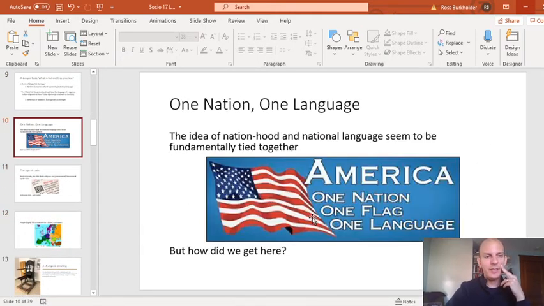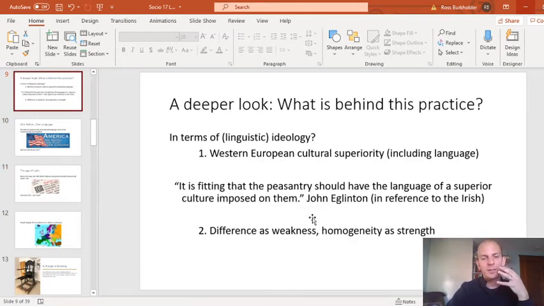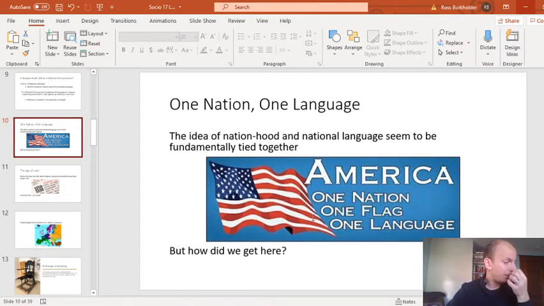Out of this difference as weakness, homogeneity as strength, there rises up this idea of one nation, one language as a sort of ideal state of being. That each country, each nation should have one and only one language.